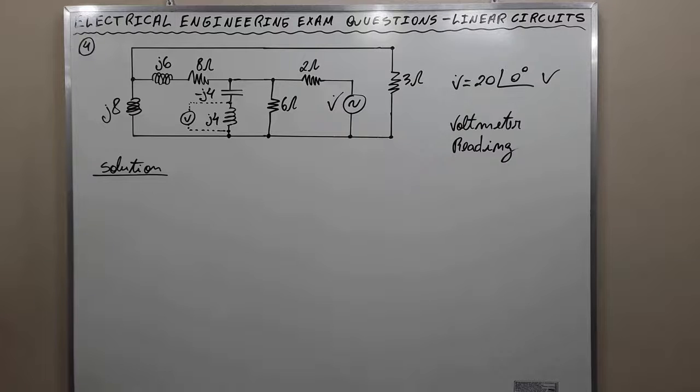How do we calculate this? The circuit looks complex, isn't it? But there is a catch here.